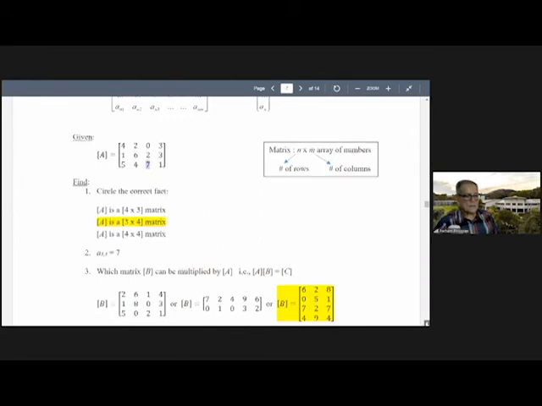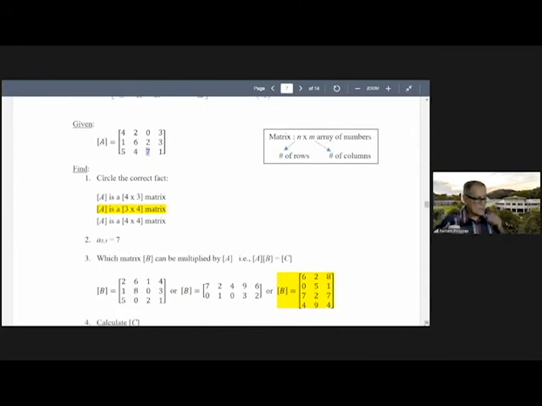Which matrix B can be multiplied by A? I think you did it in the activity, also here in activity 1, which is due this Wednesday. Matrix A is given here. Which matrix B can be multiplied by A? For example, can we multiply A times B? No, A has 4 columns. That should match the number of rows here.